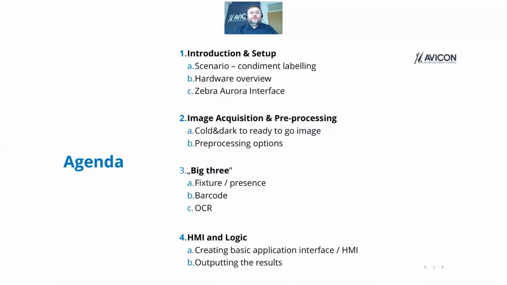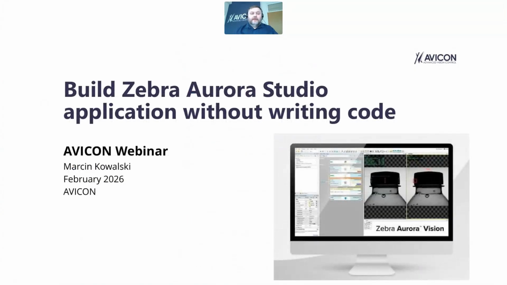The topic of today's webinar, let me just show you, is building a Zebra Aurora Studio application without writing code. The software is called Zebra Aurora. This is an environment for rapid development of machine vision applications.